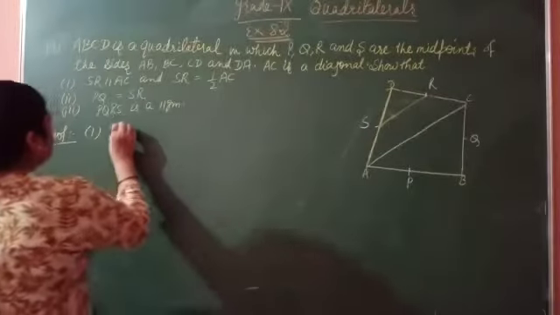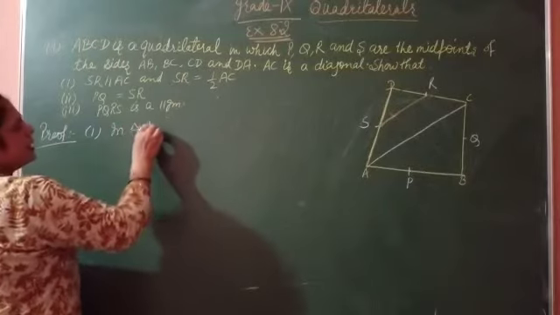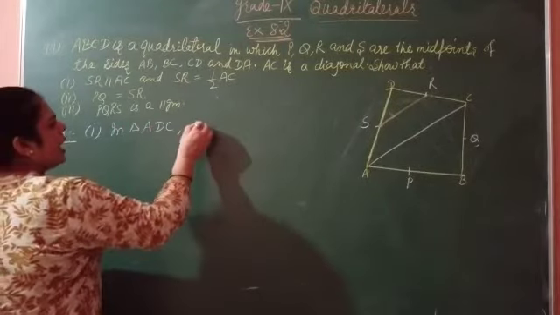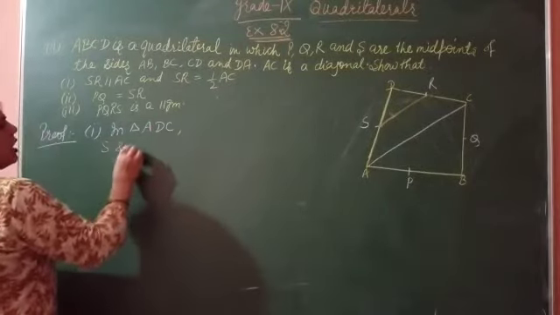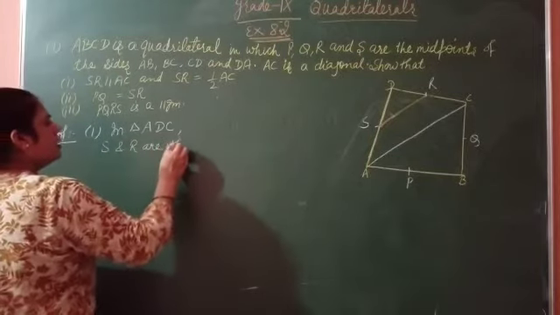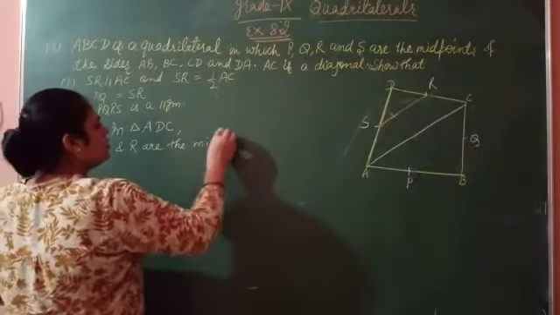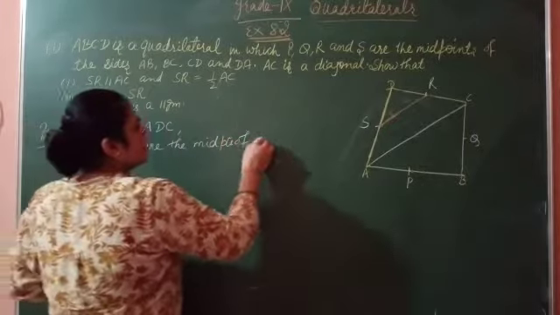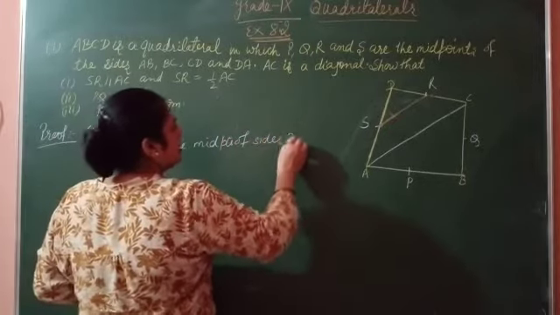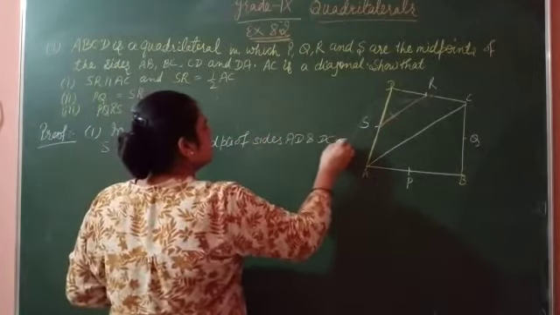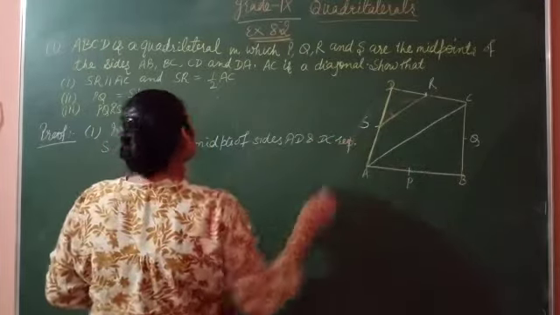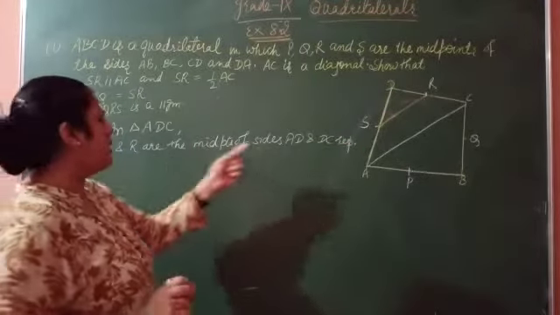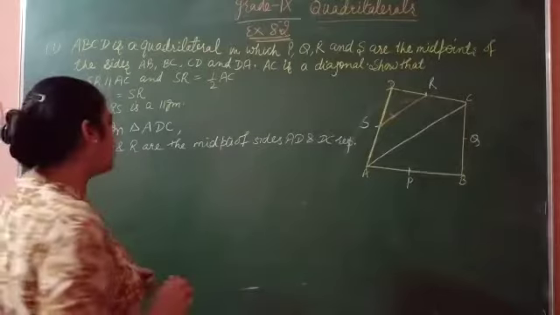So in triangle ADC, S and R are the midpoints of sides AD and DC respectively. Clear? Respectively means S is the midpoint of side AD and R is the midpoint of side DC.